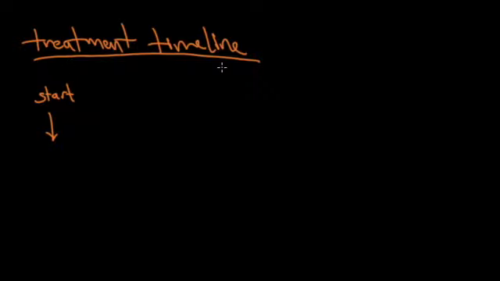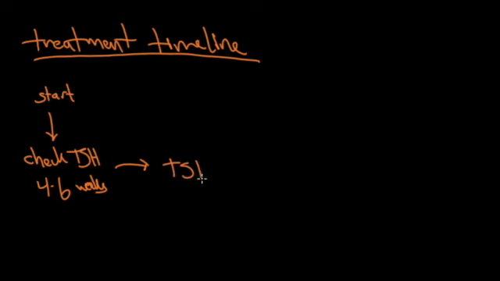So what's our treatment timeline with levothyroxine? We're going to initially start therapy, and then we're going to want to check the TSH about 4 to 6 weeks after starting therapy. And the next question we want to ask is, is the TSH within normal limits? So what do we do if it's not within normal limits?